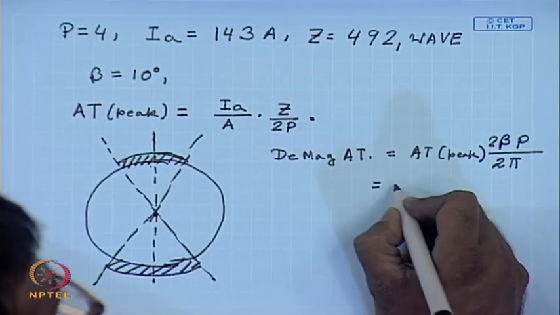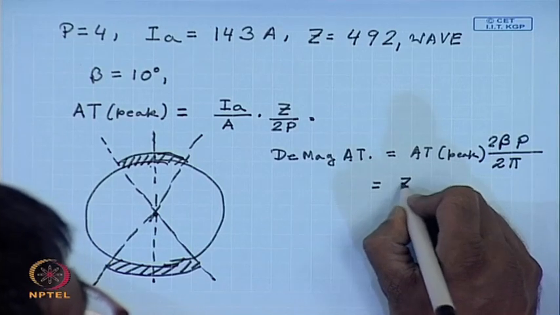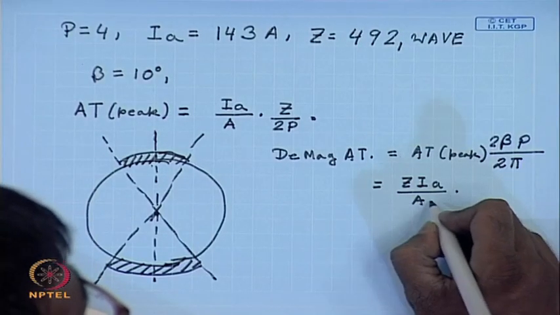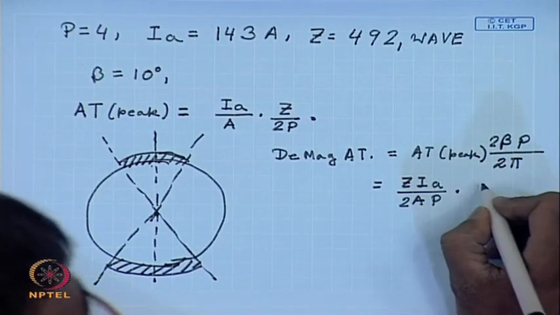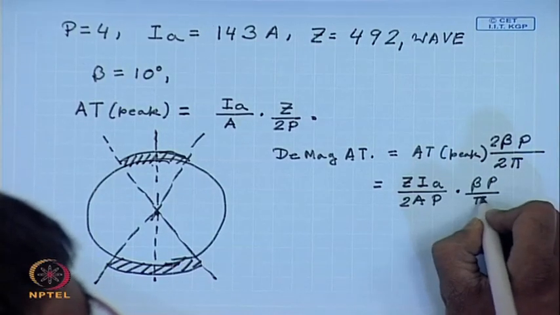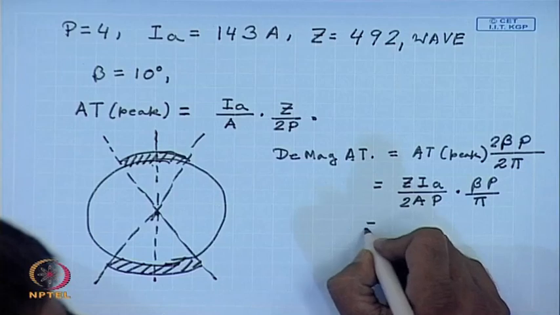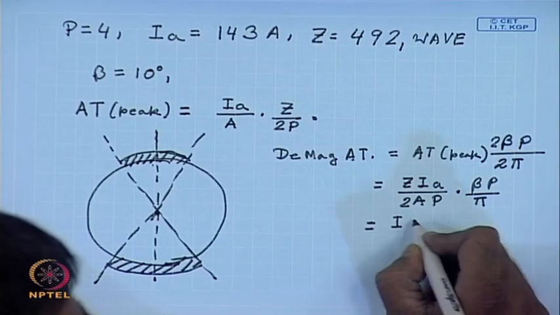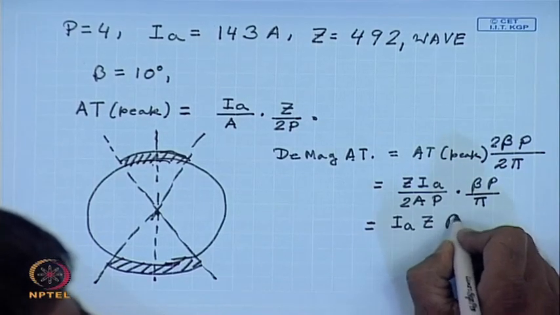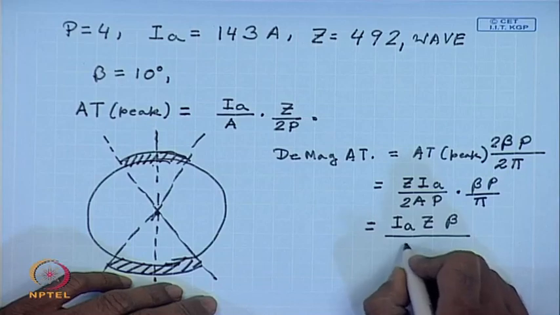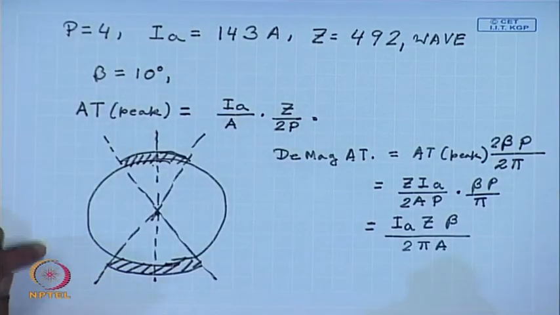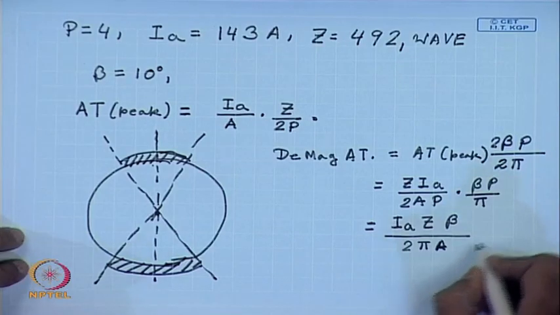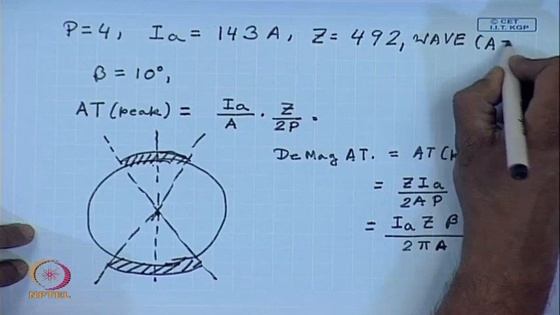So, demagnetizing AT will be Z IA by A into 2 P into beta P by pi, or this will be equal to Z IA beta by 2 pi A. Substituting the given values, A is the number of parallel paths, and in this case A equal to 2.